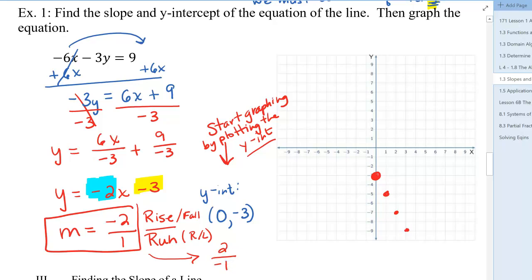Both of those are equal to negative 2. So from this point, I can also go up 2 and left 1. Up 2, left 1. You can see the line forming. Now I'm just going to connect these dots.